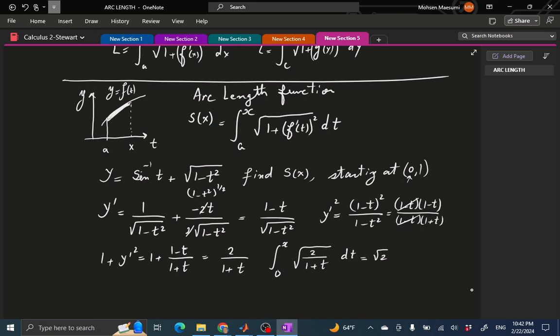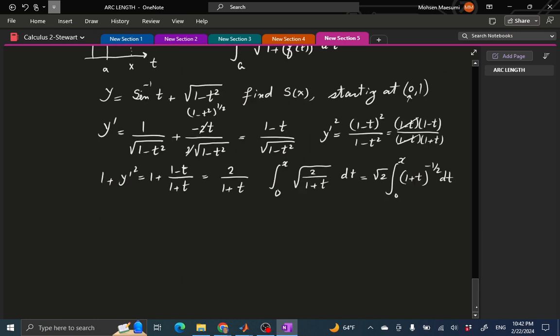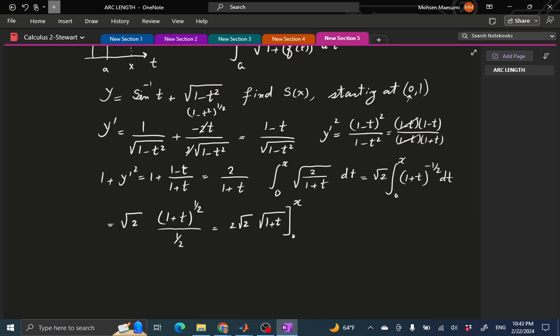I put a radical 2 outside. 0 to x of 1 plus t to the power of minus 1/2 dt, and that is radical 2 times 1 plus t to the power of, add 1 to this, it becomes 1/2, divide by that, so it's going to be 2 radical 2 times radical 1 plus t from 0 to x, and so it's going to be 2 radical 2 times radical 1 plus x minus at 0, this is going to be just 1.